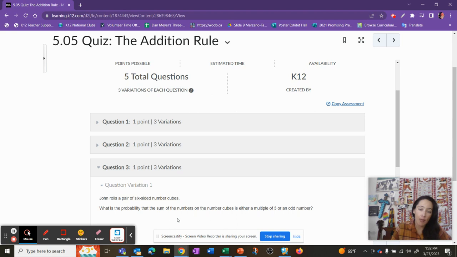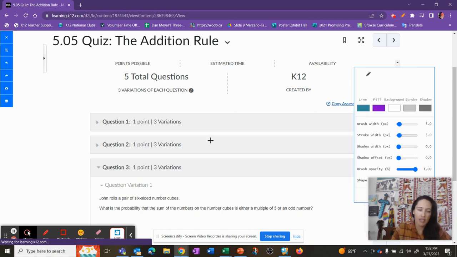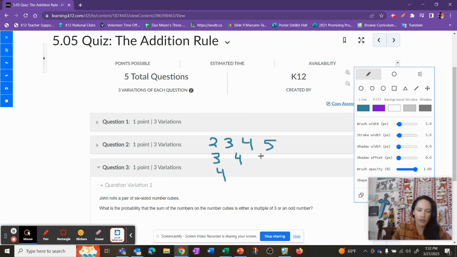What is the sum? The sums of these, there's going to be 36: 2, 3, 3, 4, 4, 4, 5, 5, 5, 6, 6, 6, 6, 6.